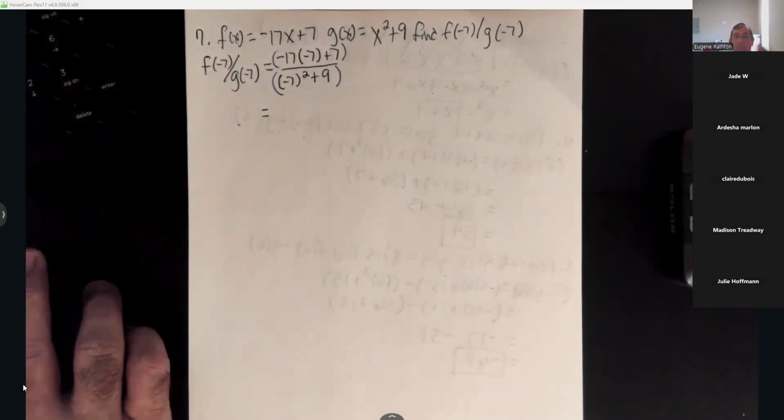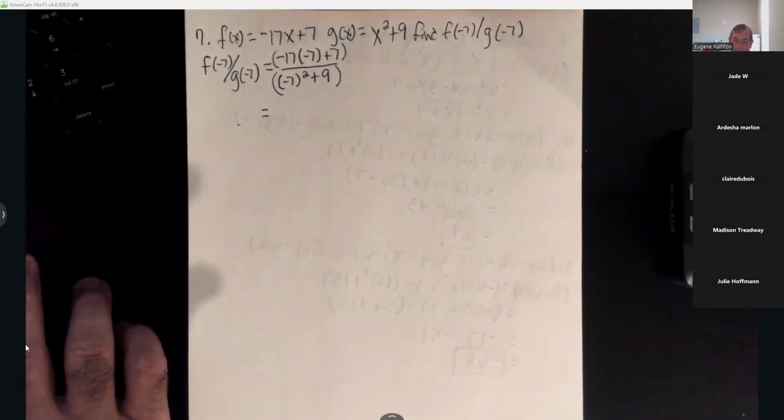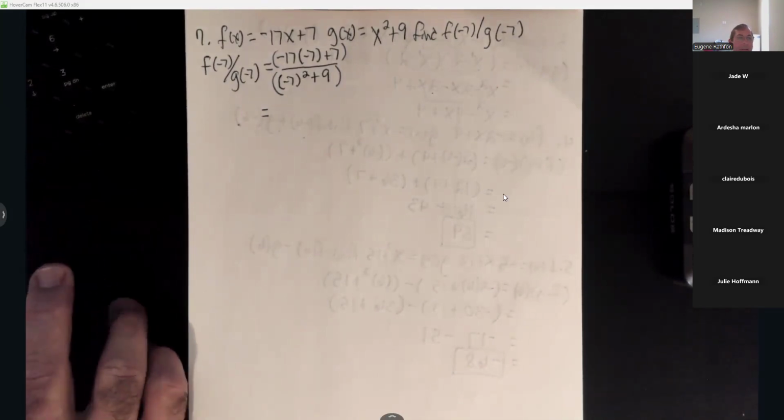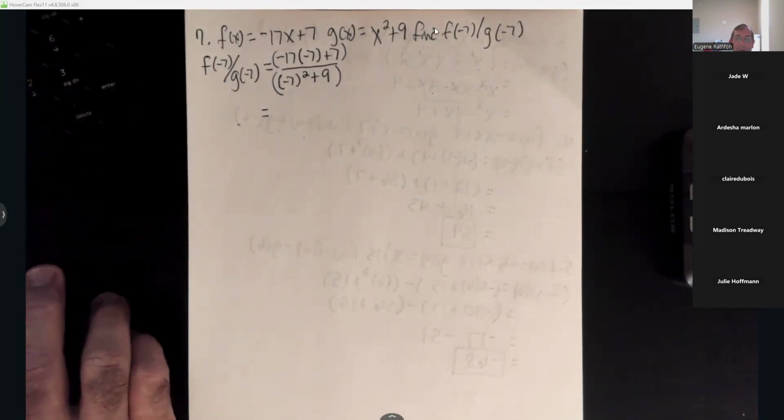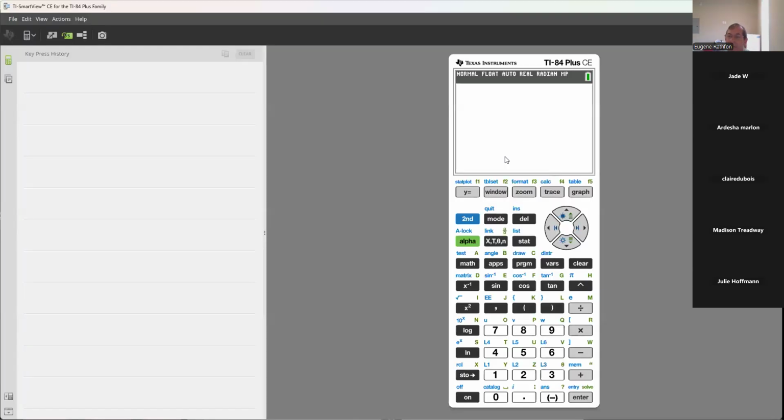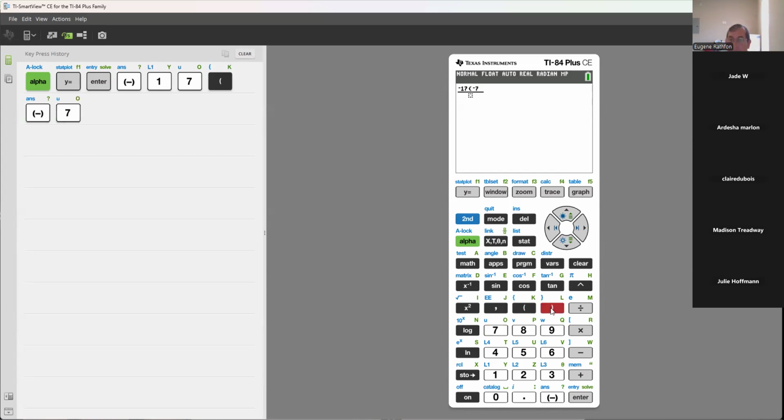So I'll work this by hand, but let me show you how I can do this on that calculator. Because y'all, I got my calculator license. So let me bring that up. This is a little bit easier to see than my calculator yesterday. I'm going to put it in like a fraction. So I would hit the green alpha button and the y equals and enter. That gives me the fraction notation. On top I had negative 17 times my x, which was negative 7, plus 7.